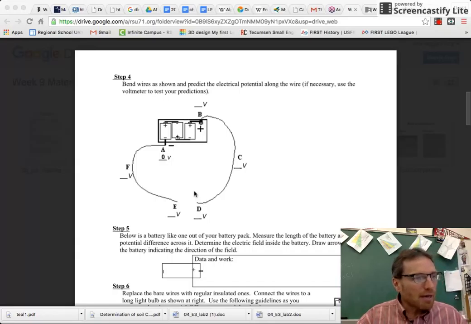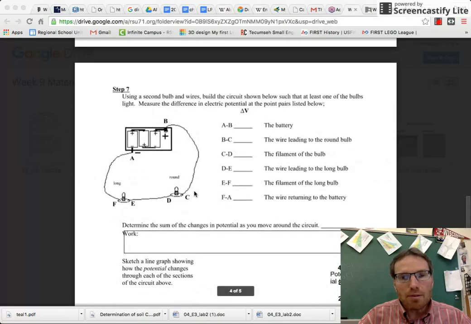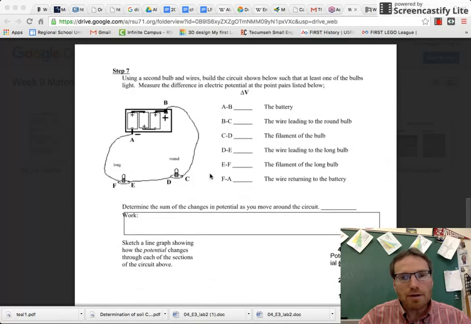When you work through the potential differences across various locations, through insulated wires connected to light bulbs, I did see, for example, a voltage drop between B and C, between D and E, between F and A. And so my question was whether or not that voltage drop was real.